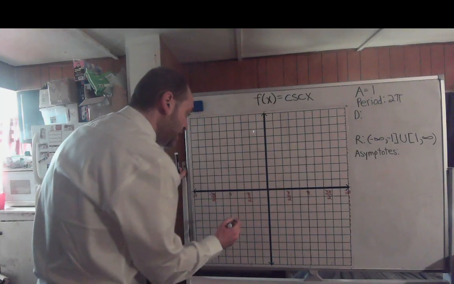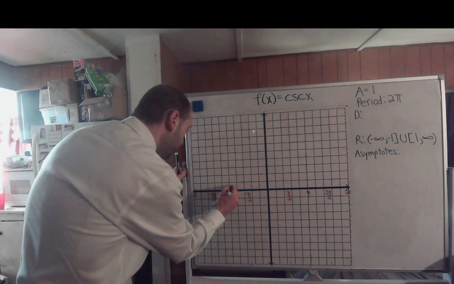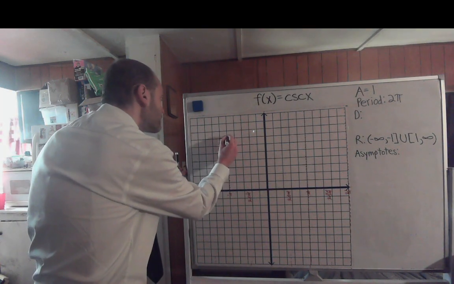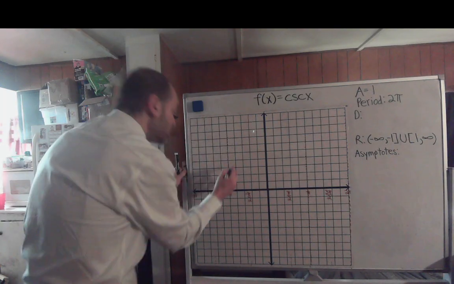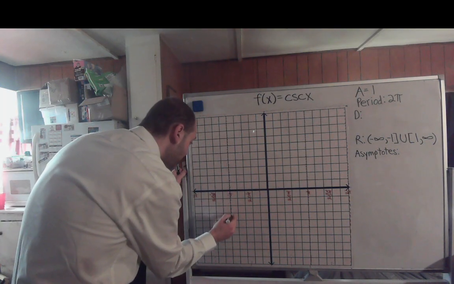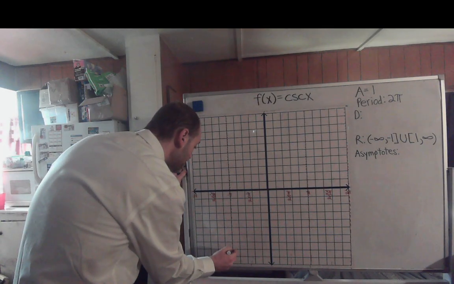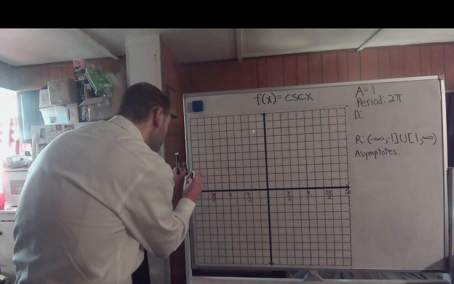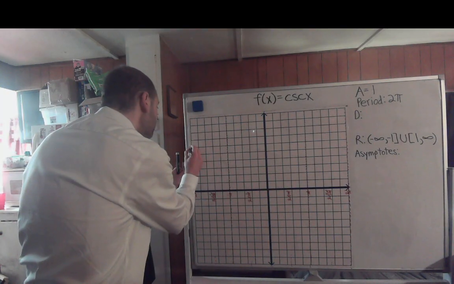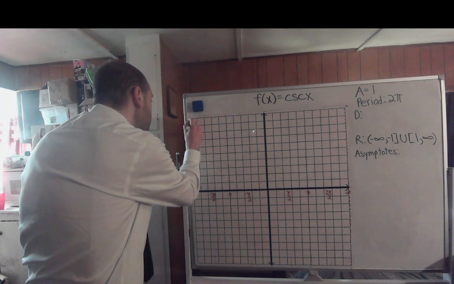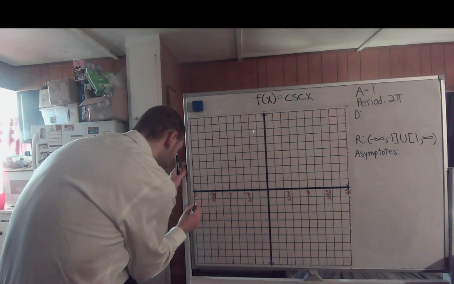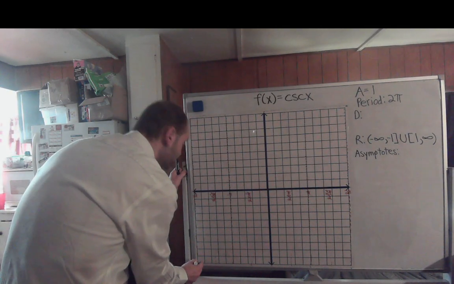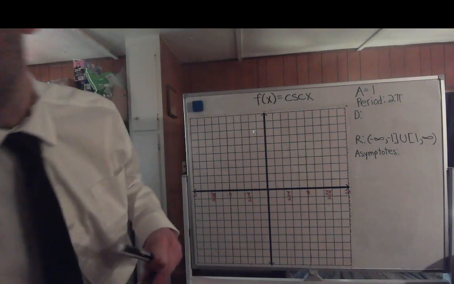And then you have them again at negative pi and negative 2 pi. Alright, so there's all of our vertical asymptotes.